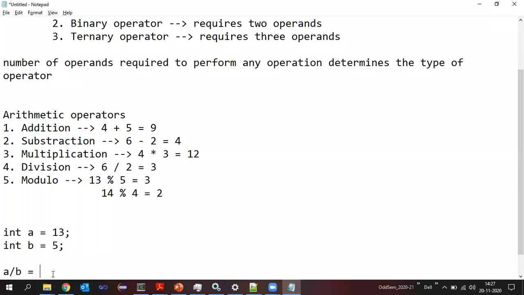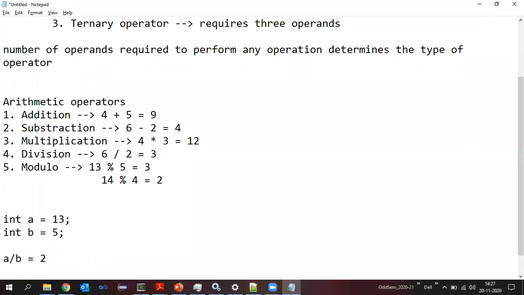You have to think as a C programmer, not as in normal mathematics. What is the data type of a? Integer. The data type of b? Integer. When you divide 13 by 5, will you get 2.6 or only 2? 2. You exclude the decimal part, consider only the integral part, and you get 2, right?